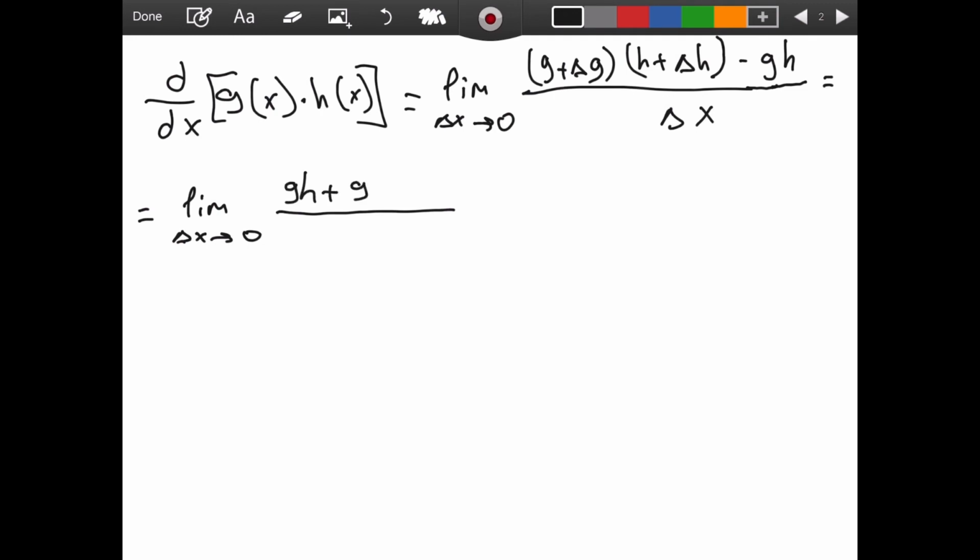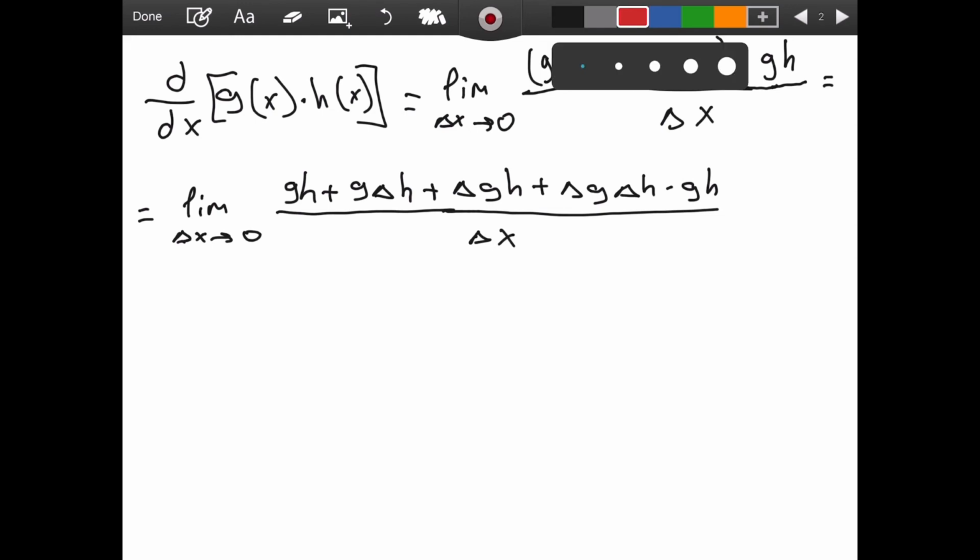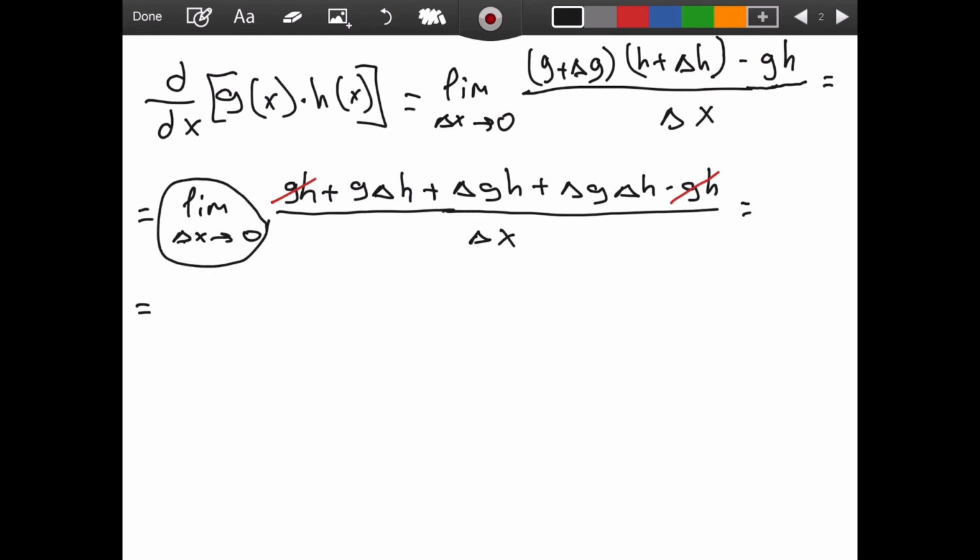We multiply the two factors that we have in the first term, gh plus g delta h plus delta g h plus delta g delta h minus gh divided by delta x. Now we see a great thing. We see that this and this cancel. And if we take the limit now, if we use this limit notation here, we can simplify things even further.